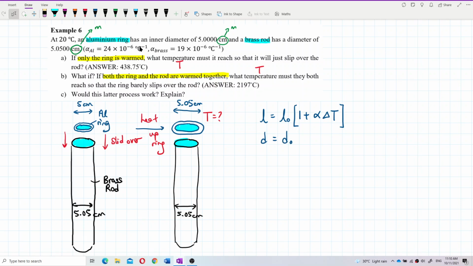So this is the initial diameter, and then 1 plus alpha delta T. We are considering this for question A, so only the ring is heated up. So for alpha, we use the alpha for aluminium, and then for delta T we use the final temperature minus the initial temperature. Okay, so we just substitute.